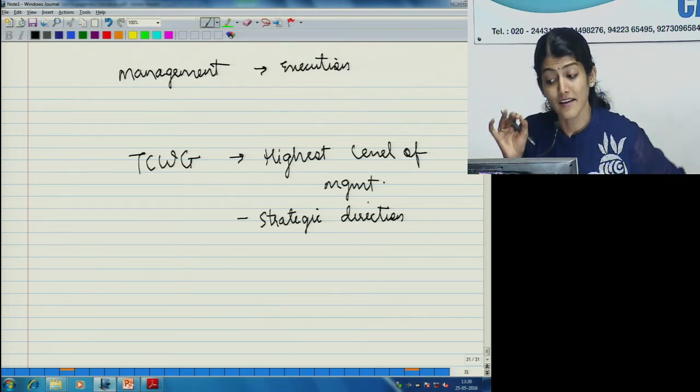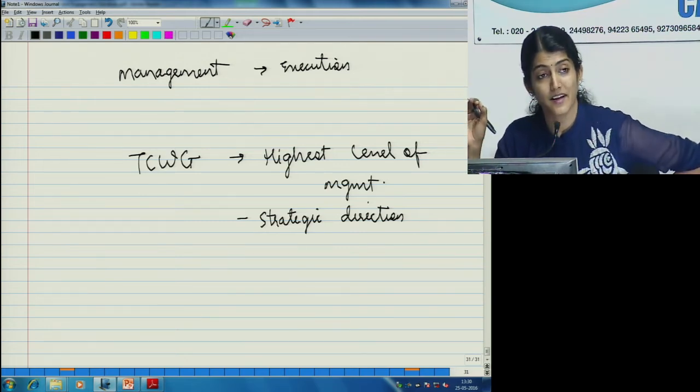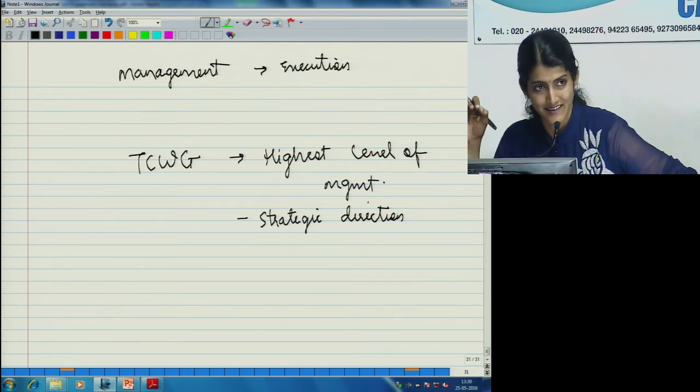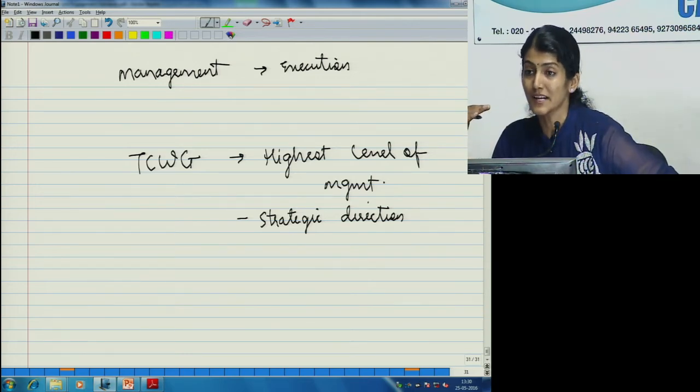You understand? The highest level of management in an organization would be TCWG. Highest level of management. Right? Below that there would be the management.